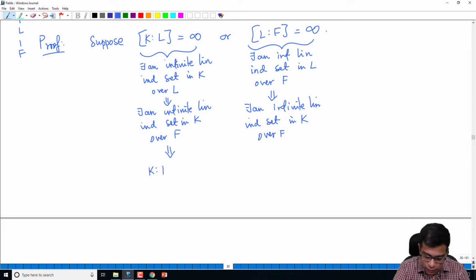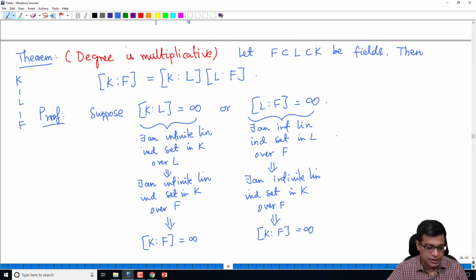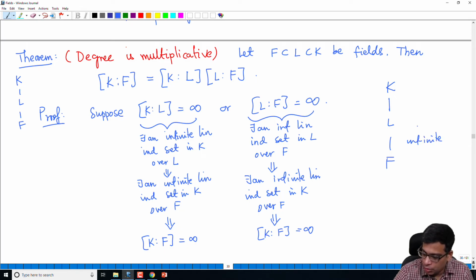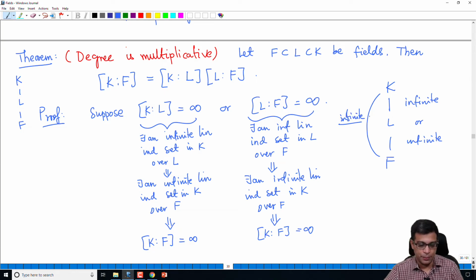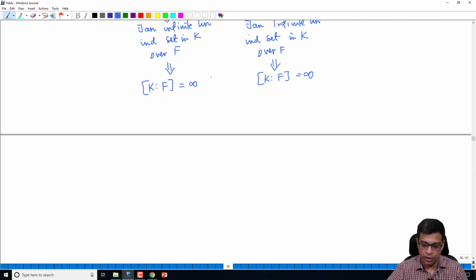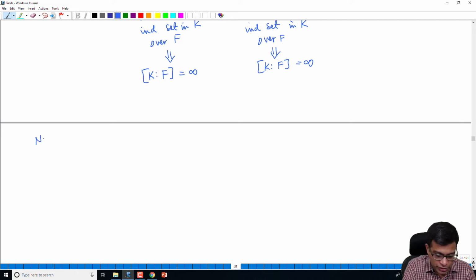In either case, we have K colon F is infinity. So what we are saying is that if one of these, so we have K, L, F, this is infinity or this is infinity, implies this is infinity. Okay, so this is the first simple case. When either of these two numbers, K colon L or L colon F is infinity, then K colon F is also infinity.